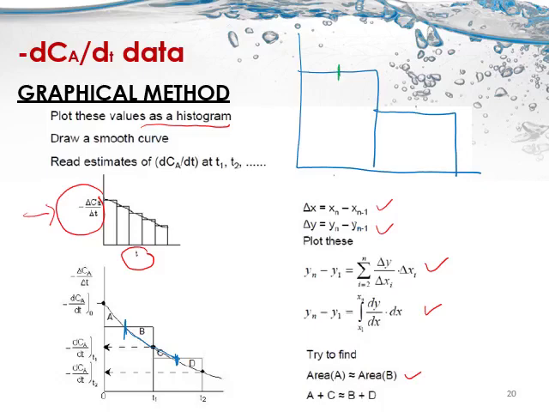This is the middle, this is the middle. Then try to plot a line passing through the middle points so that this area is equal to this area, so area A must be similar to B. And this C must be similar to D.